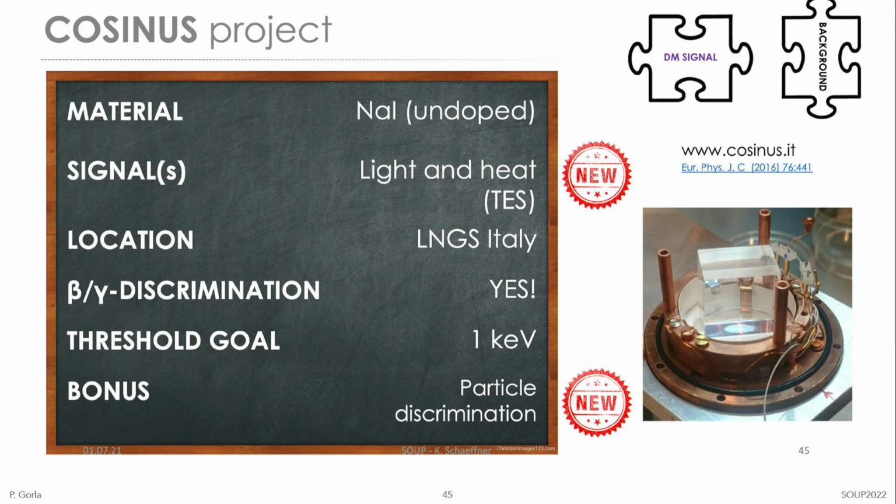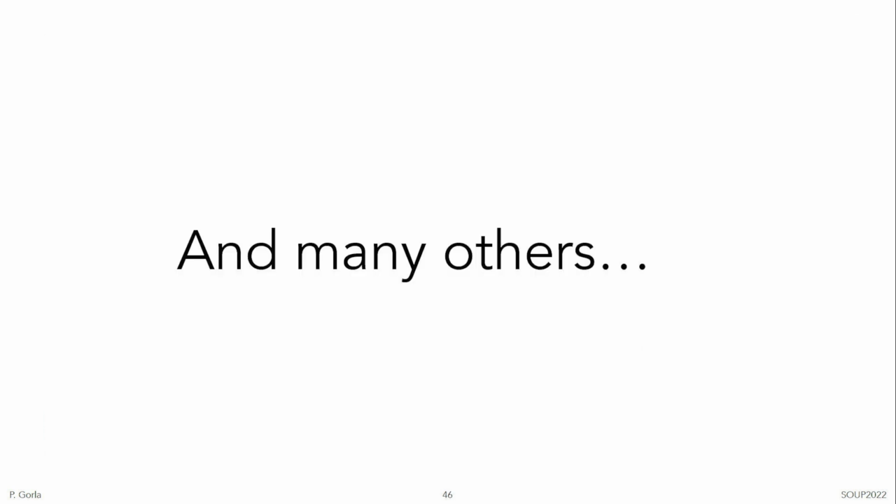There is the Cosinus project, which is again scintillating detectors to search for dark matter with a sodium iodine target and so on. There are a real number of projects which were developed in the last few years. I will not go further.